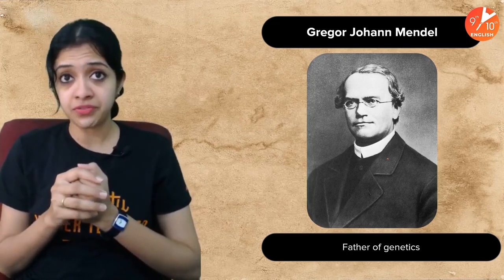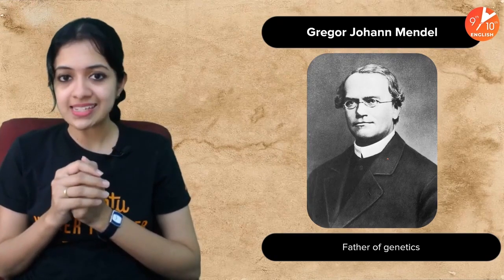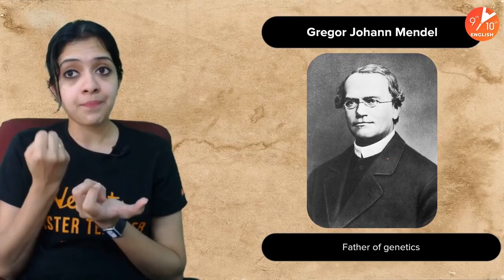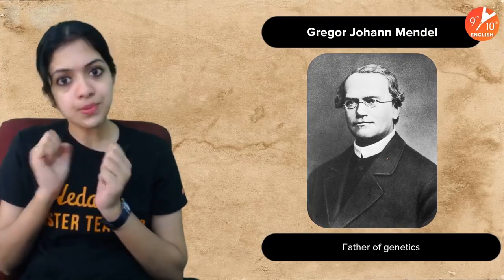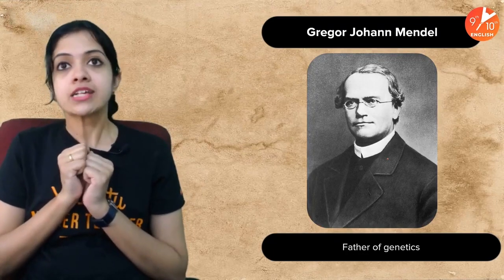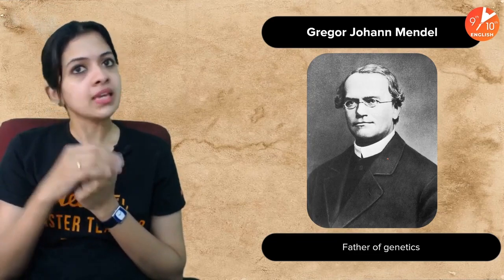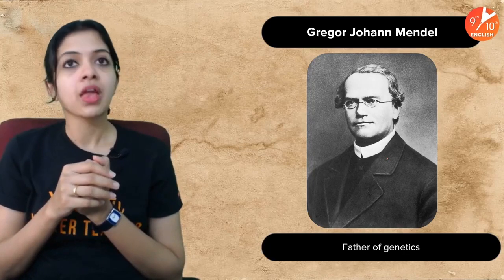But just because he failed the exams, he did not suppress his zeal towards attaining scientific knowledge. He was still very passionate about science, so he decided to join his monastery back, and he continued his life as a monk.